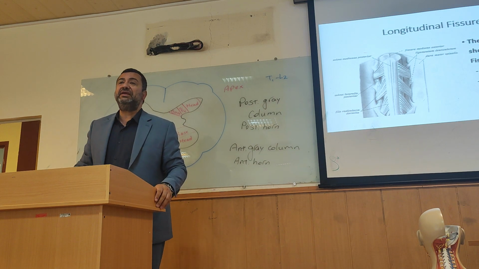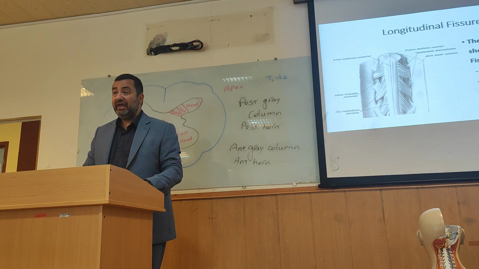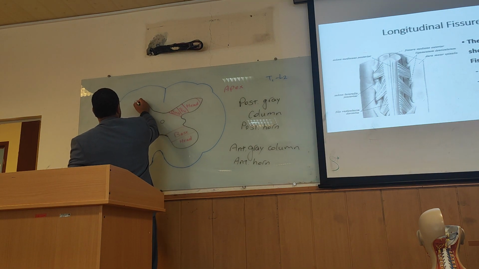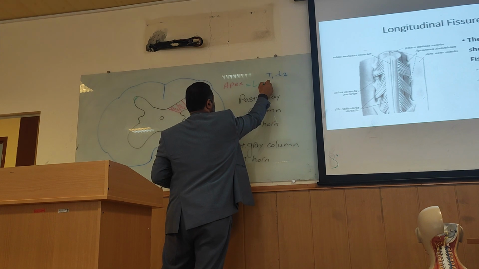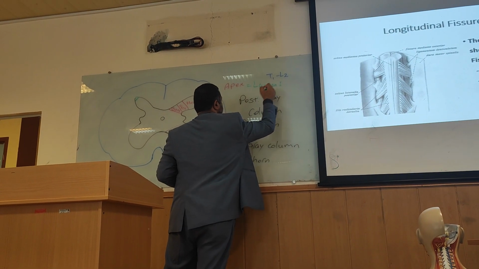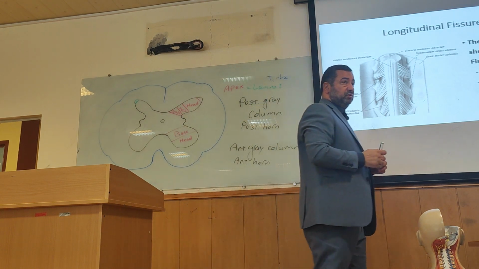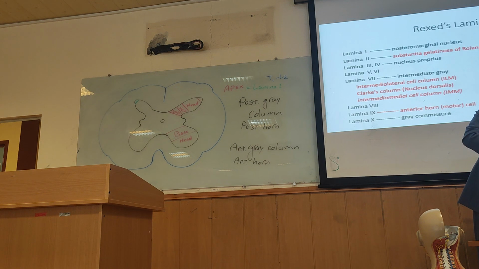There are 10 laminae in the gray matter of the spinal cord. These laminae start from apex of the posterior gray column. Apex is called lamina 1, or posteromarginal or posterolateral lamina.